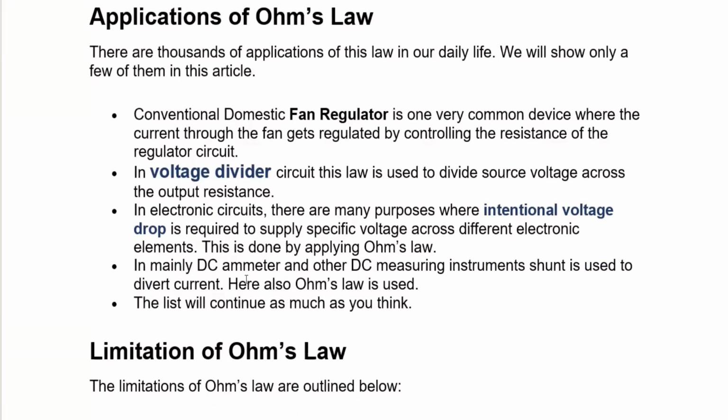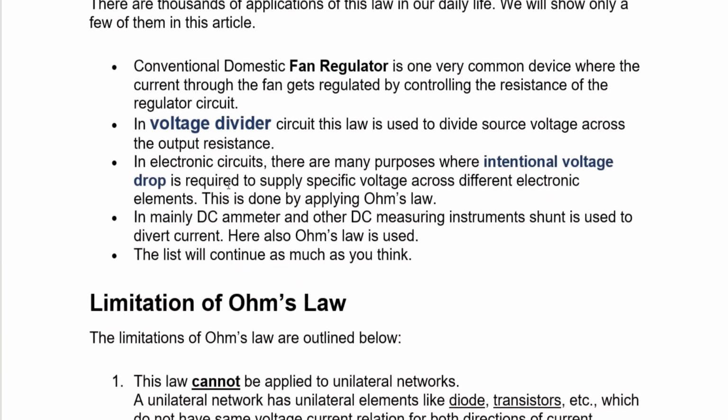Now the question arises, what are the usages of Ohm's law? There are thousands of applications of Ohm's law in daily life. We will show a few of them here, but there are thousands. Take the conventional domestic fan regulator, not the regulators being used nowadays, because there is a difference in their working.